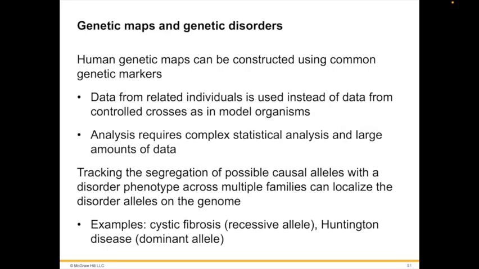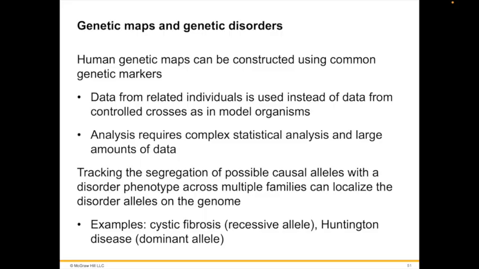With these common molecular markers in hand, a dense genetic map was constructed as part of the Human Genome Project. This genetic map provides a framework to locate genes of interest, that is, those that affect interesting phenotypes. Human genes can be mapped similar to genetic mapping in model organisms, but using data derived from families instead of controlled crosses.